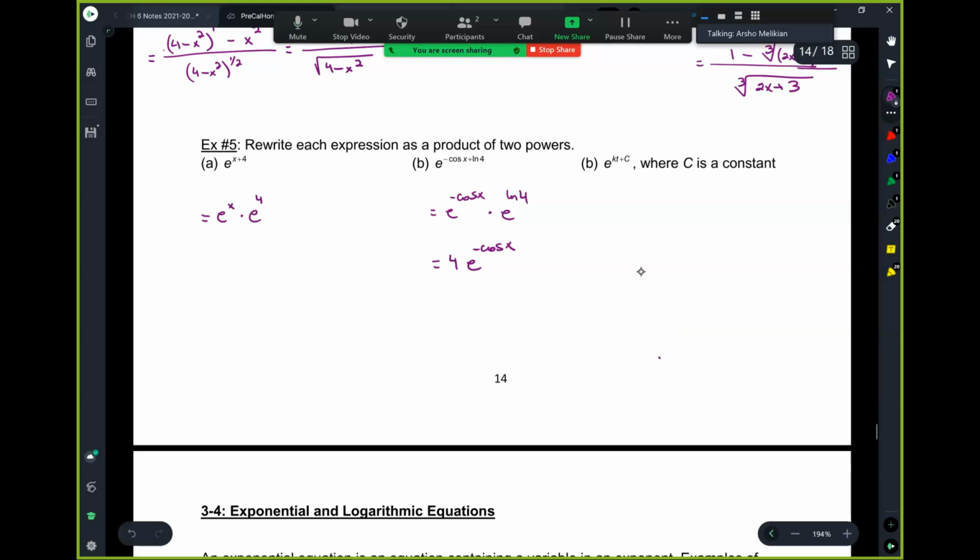Okay. So, same thing here. It's going to look like e to the kt times e to the c. Yes? And that's all we're going to do right now. But just to show you why, look at this term, e to the kt. Have you seen that before?